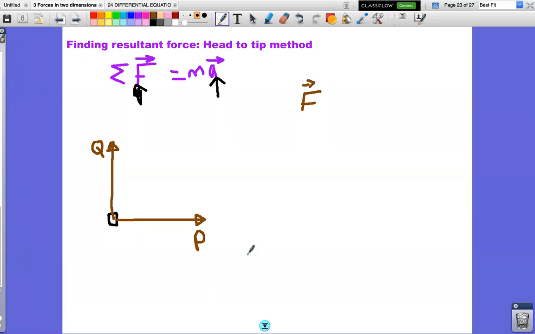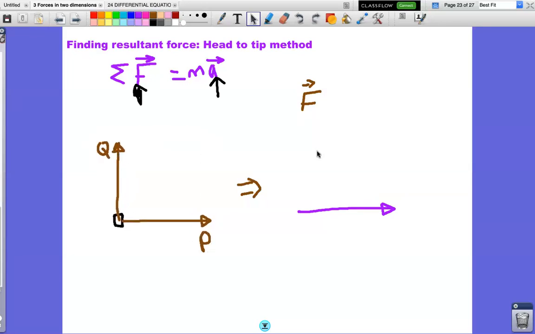The same as we used to sum vectors, we first perform one vector, the force P, and then we take the vector Q and place it on top of P. From the head of P, we perform Q. So this is P, and that is Q. And your resultant now is going to be from the tail of P to the head of Q. So this is your resultant.